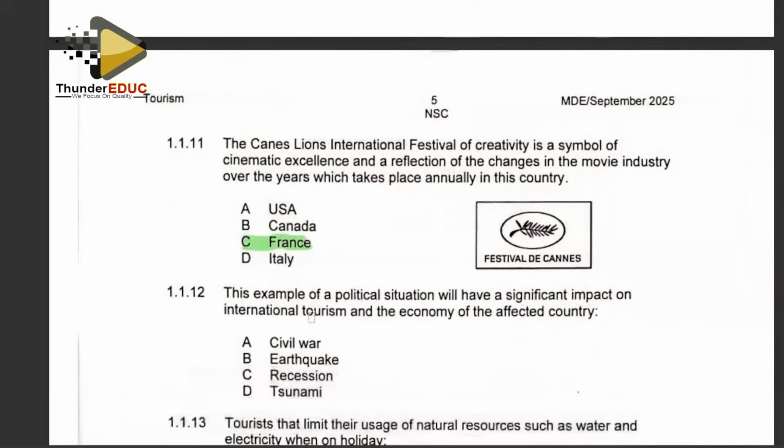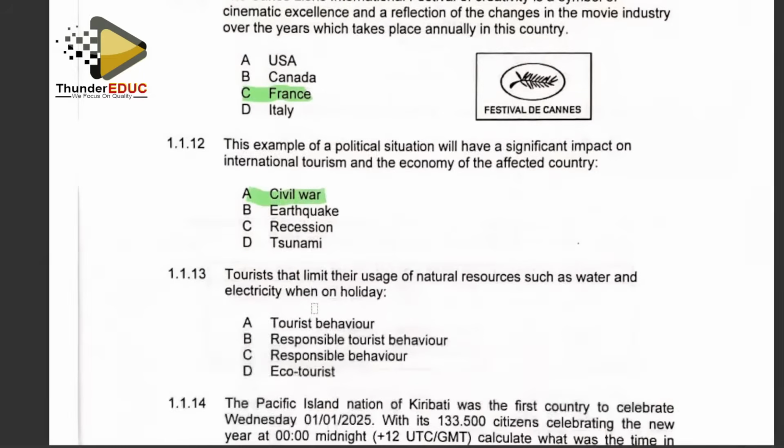Then 1.1.12, this example of a political situation will have a significant impact on international tourism and the economy of the affected country. The political situation here is the civil war. It has an impact on tourism and also on economic performance. 1.1.13, tourists that limit their usage of natural resources such as water and electricity when on holiday.